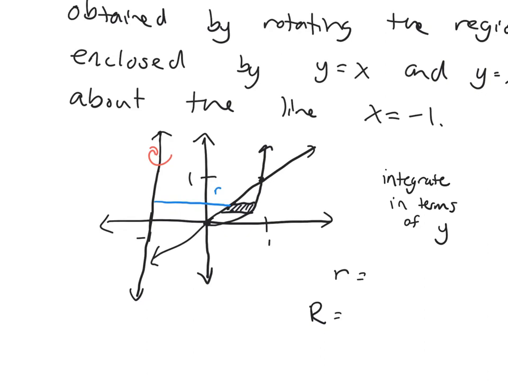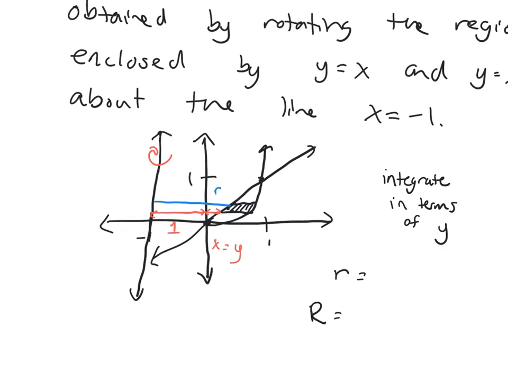So what I'm going to do is think of this instead as being made up of this distance, which is 1. This distance here is 1 plus this little distance here, which is x because it's a horizontal across, but that's the line y equals x, and x is equal to y.